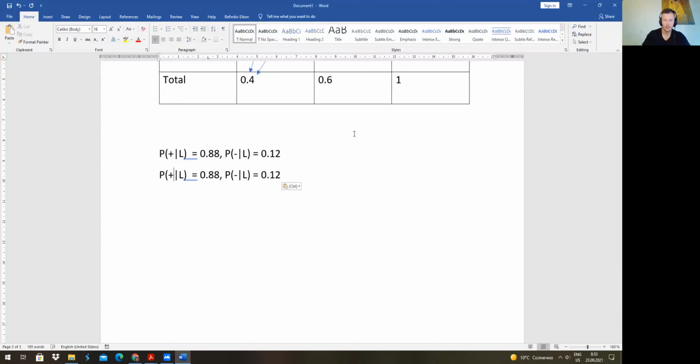Then the probability of plus given truth is 0.14. The probability of minus given truth is 0.86. We know that the probability that the person tells the truth is 99%. The probability that the person lies is 1%. We need to know the probability that the person tells the truth if the polygraph shows us a positive response.